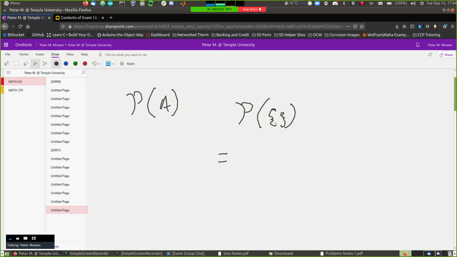So what are the elements in the empty set? Well, the empty set doesn't have any elements. So what's the only subset then of the empty set? Yeah, so the power set of the empty set would be a set containing the empty set. And this outer set isn't an empty set. This is a set whose only element is the empty set. Does that make sense?